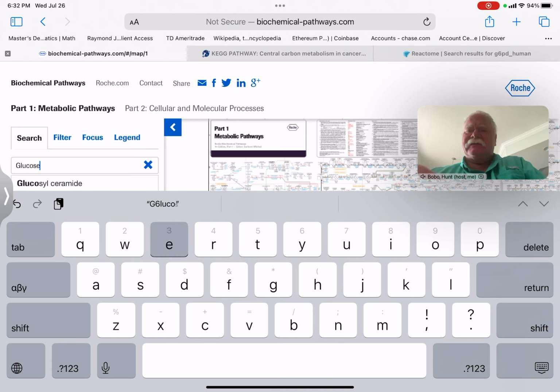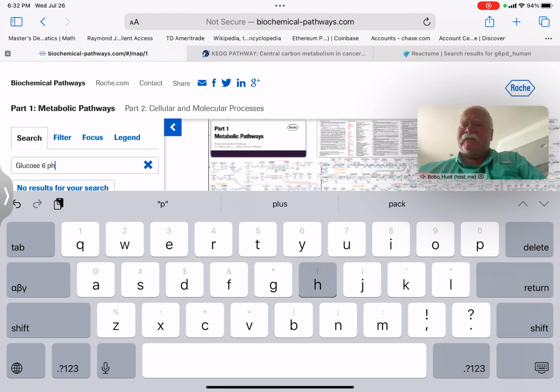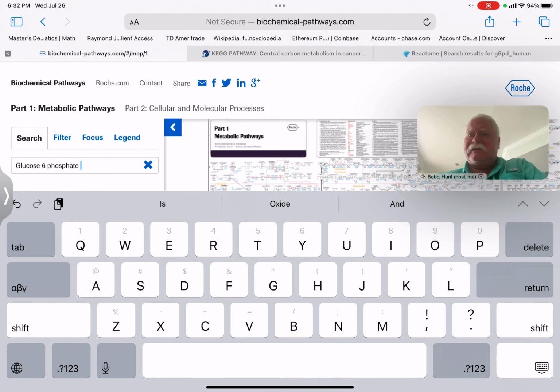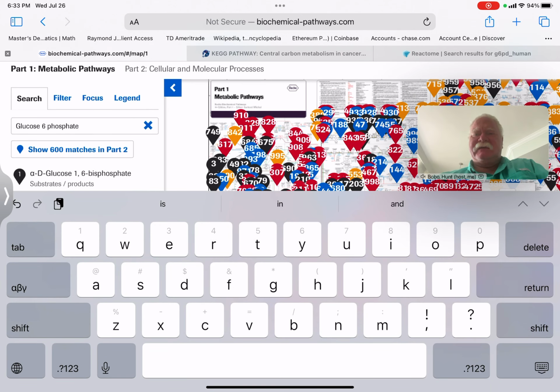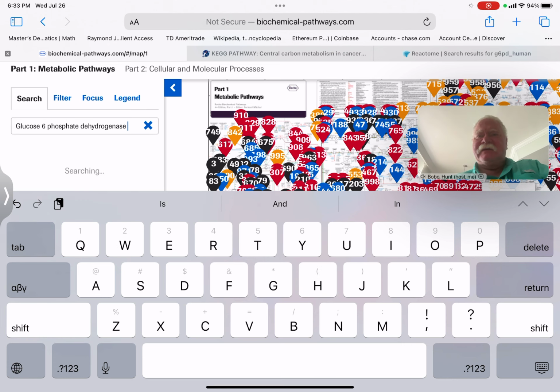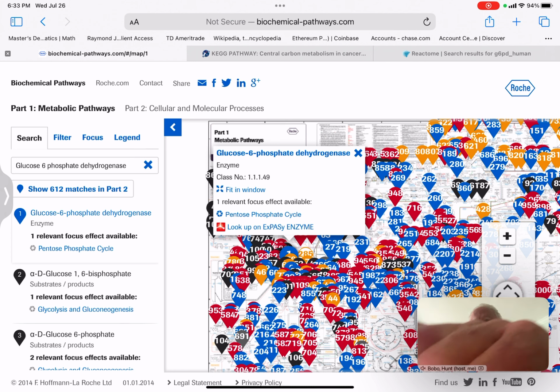Glucose 6-phosphate dehydrogenase. And we just tap the number, and it'll take us to that.